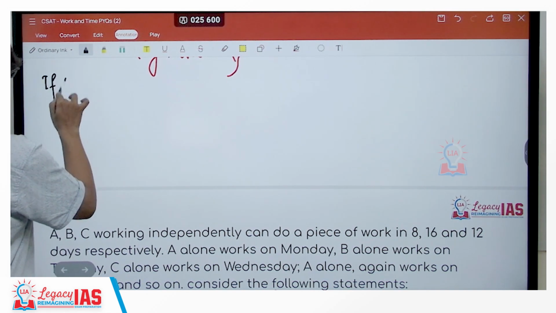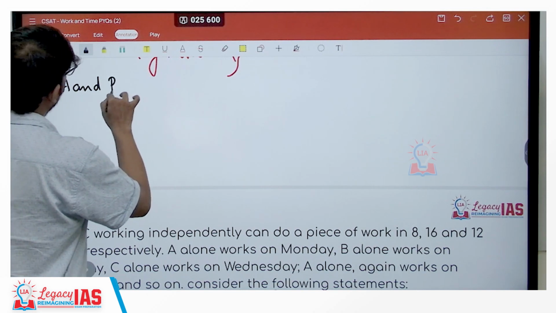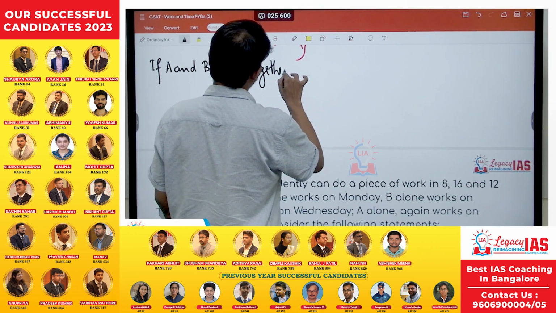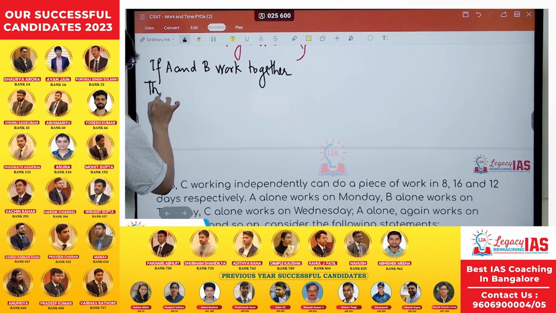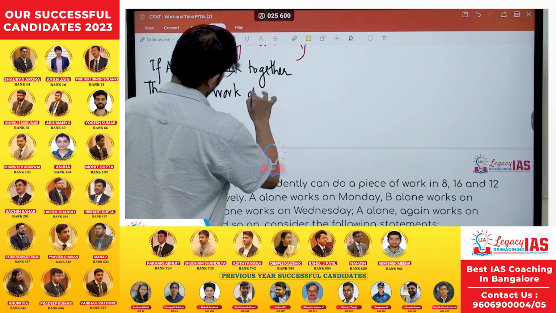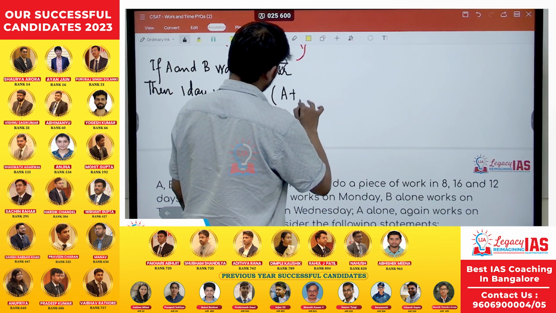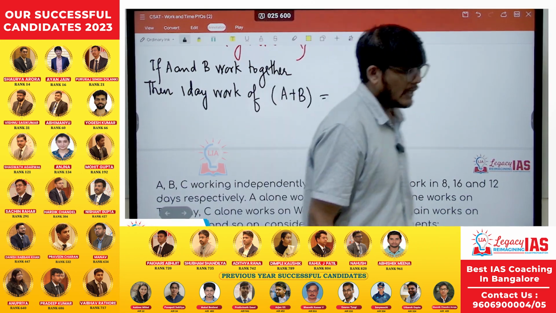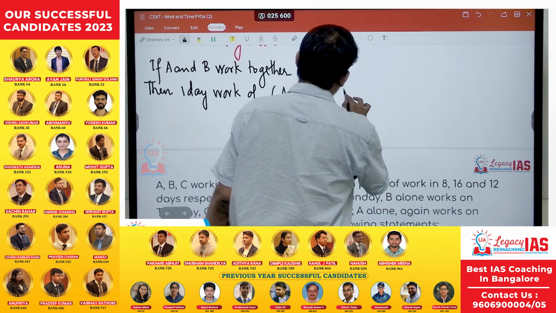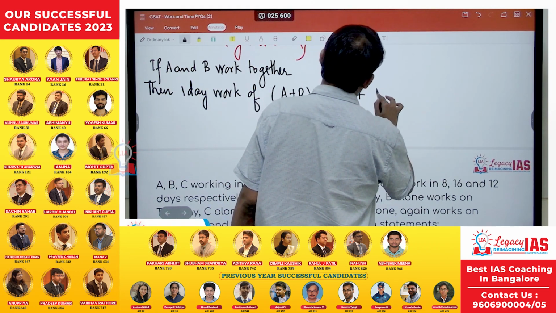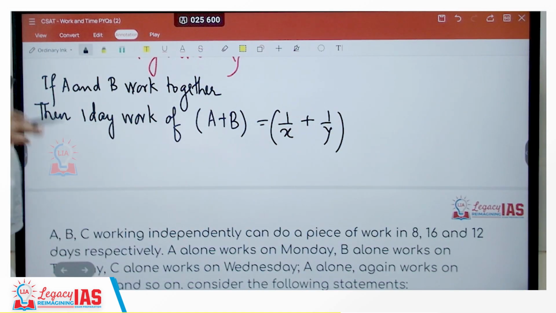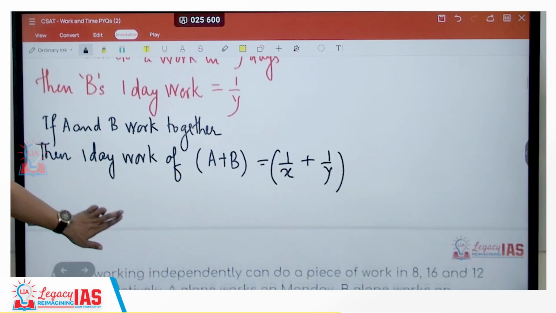If A and B work together, then the 1 day work of A plus B will be how much? It will be the 1 day work of A plus the 1 day work of B, which is what? 1 by X plus 1 by Y. And you can solve it by cross multiplication. We will see when we solve the question. But for now, the logic needs to be clear.